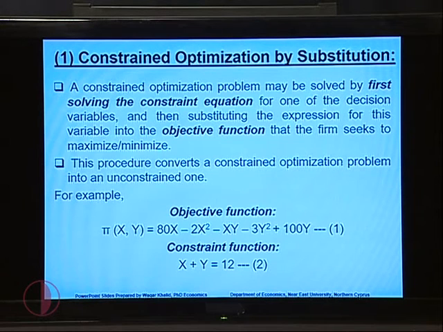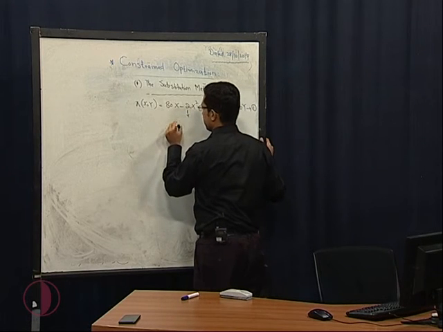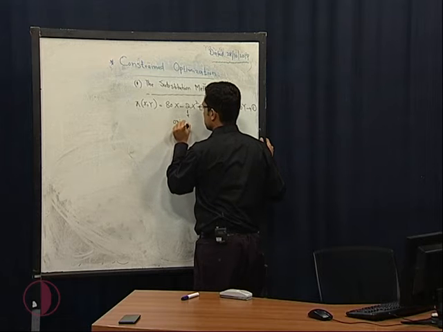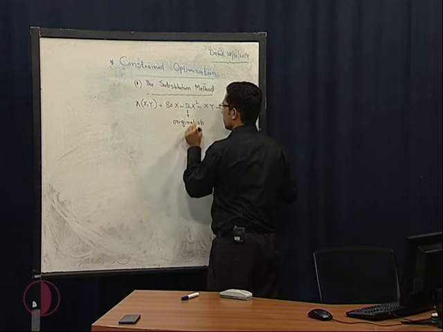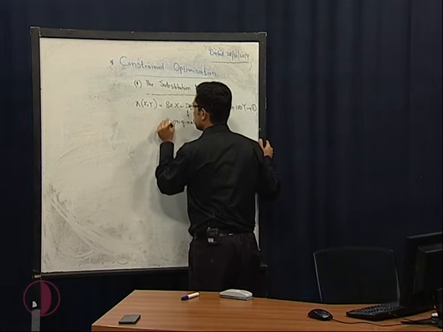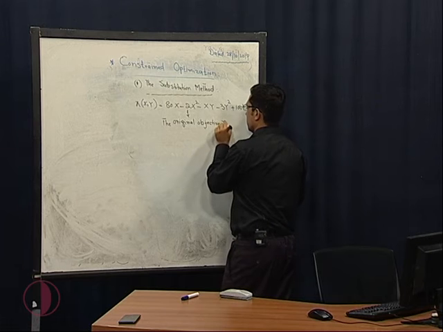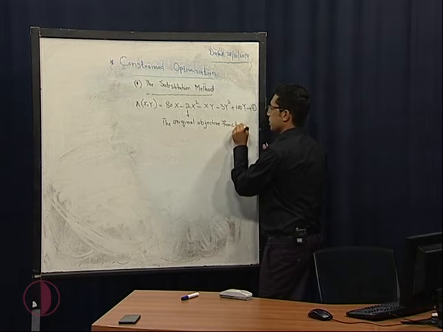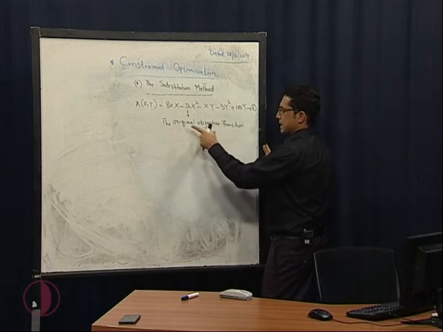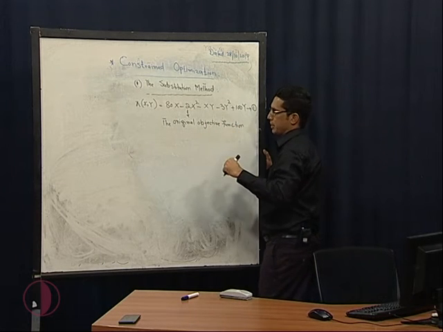This is known as equation 1. This is the original objective function of the business firm, which the firm wants to maximize.